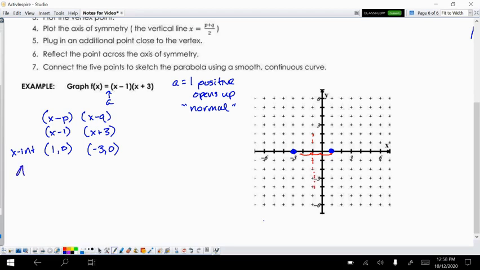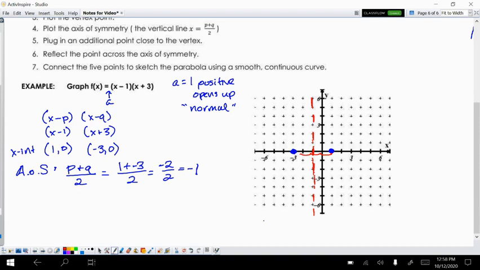The other way we could find that is to do p plus q divided by 2. We're finding the midpoint. So if we do 1 plus negative 3 and divide by 2, we get negative 1, which is the same thing we saw visually on our graph, that at negative 1, we'll have that mirror that creates the two halves of our parabola.